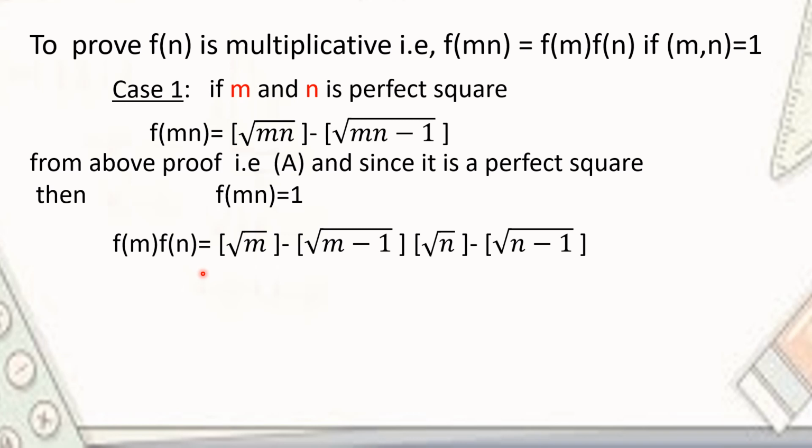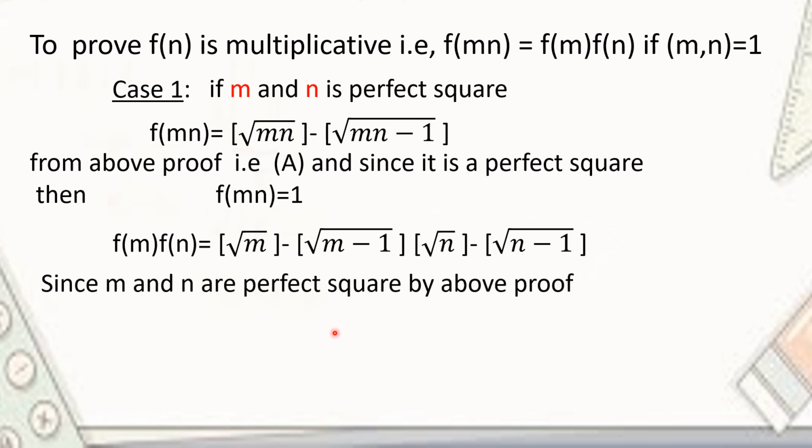It is defined as the integer part of root of m minus the integer part of root of m minus 1, into the integer part of root of n minus the integer part of root of n minus 1. Since m and n are perfect squares, by the proof A we can conclude that f of m into f of n is equal to 1.